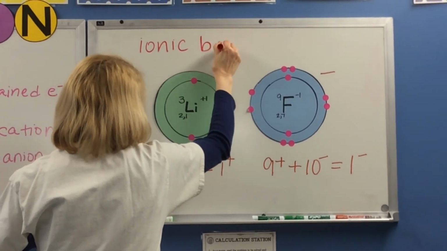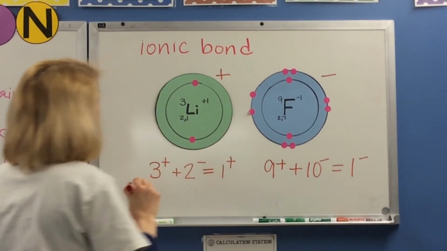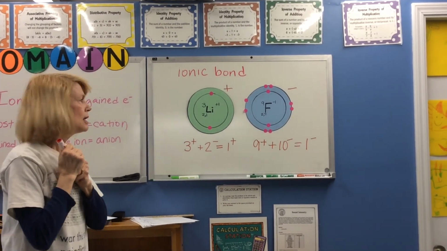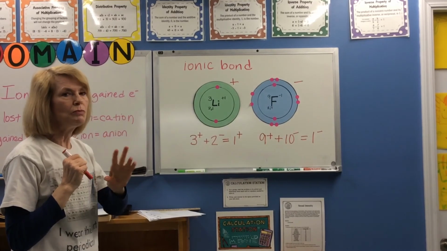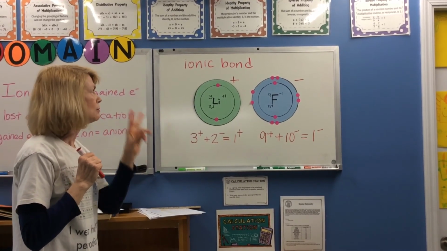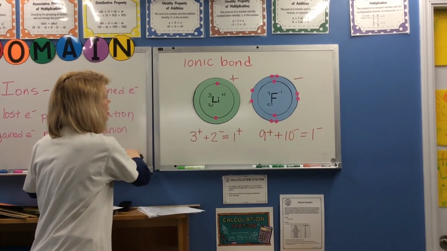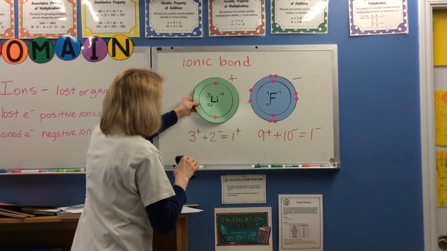An ionic bond is when 2 charged particles form a bond. Okay? And there's 2 more kinds of bonds that we'll talk about later, but right now we're only worried about ionic bonds. So I'm going to show you another example of an ionic bond.